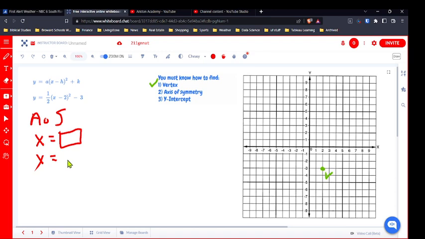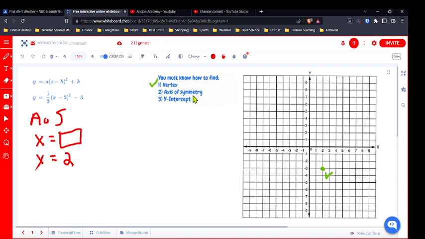If the form is x equals something, well, what would it be equal to? Since you know now that it goes through the vertex, then it would also be going through the x value of the vertex, which in this case is 2. Okay, the vertex is at 2, minus 3, but the x value of it is 2. So the axis of symmetry would be a line called x equals 2.